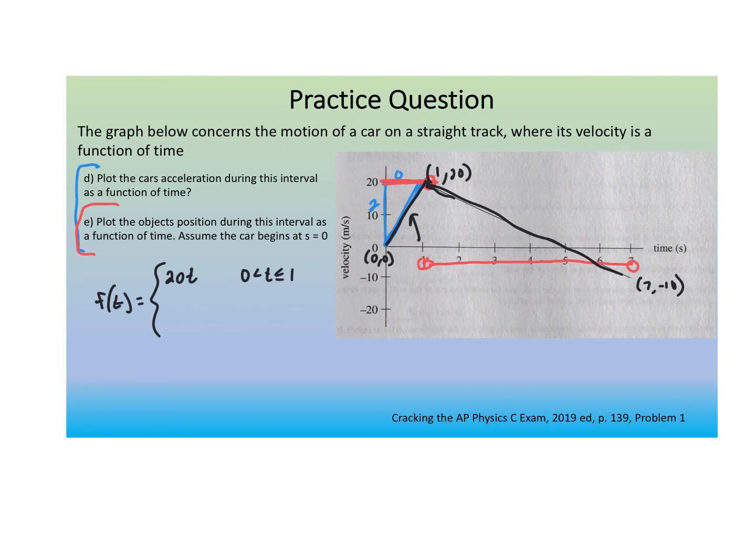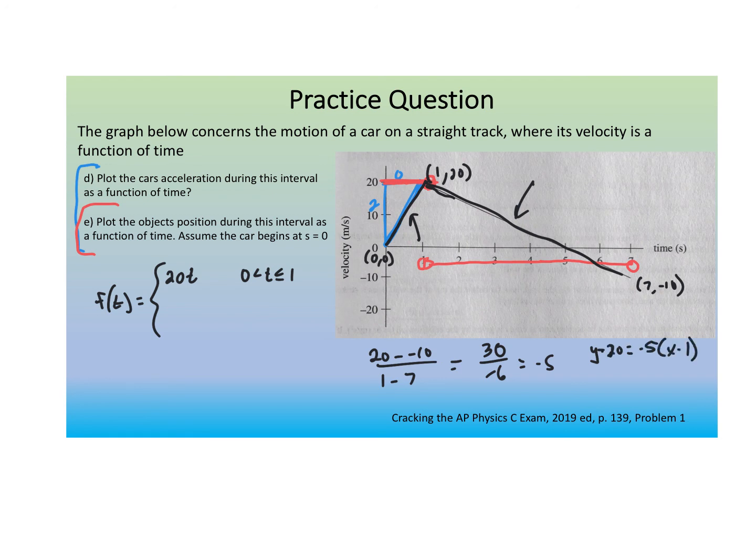Then at 1, it changes to this new line here. And to find the equation of this line, we need the slope, which we said, if we use our slope formula, 20 minus a negative 10 over 1 minus 7. We get 30 over negative 6, which was negative 5. And then we can just pick one of those points. y minus 20 equals our slope times x minus 1.